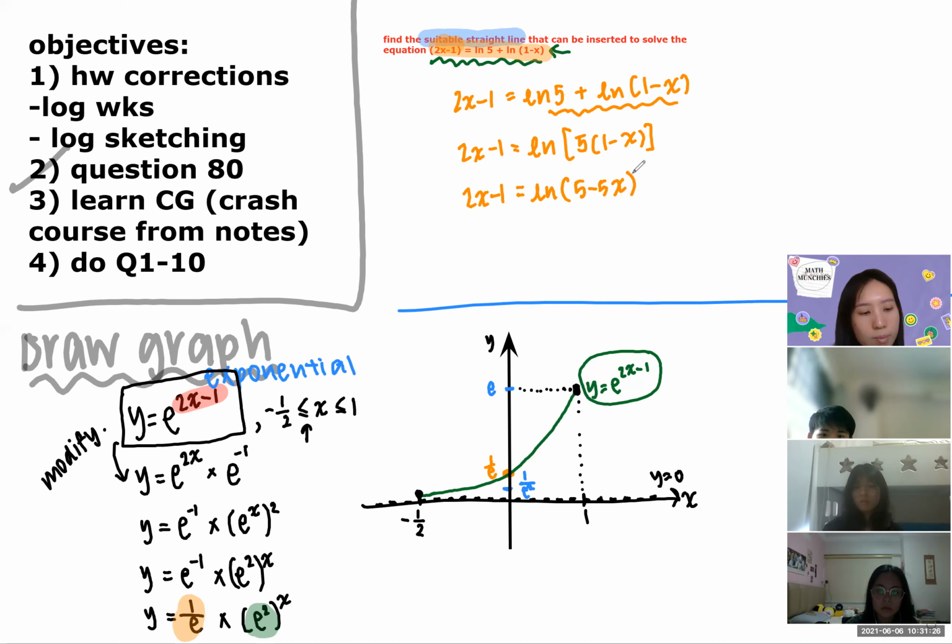Change ln to log e. Okay, so change ln to log base e. Then after that, use the push-up method. Okay, but when I do push up, I don't want to be confused, so I want to rewrite it first. So what will I have first?